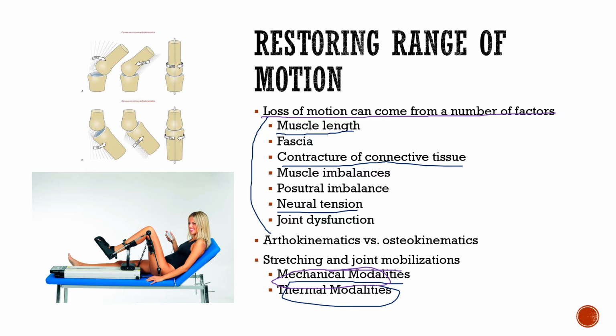Same components then with the connective tissue and the contracture of connective tissue or excessive scarring in there, right? Or abnormal arthrokinematic motions, often secondary to that. Then you need joint mobilizations to restore the arthrokinematic motion, or that roll, spin, and glide compared to just the osteokinematic motion.